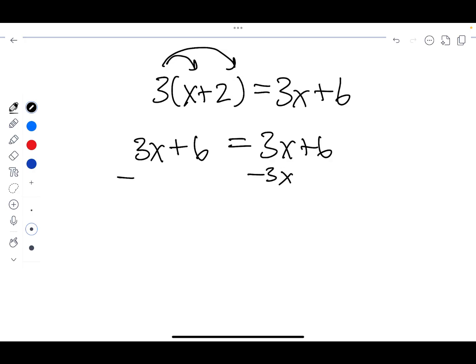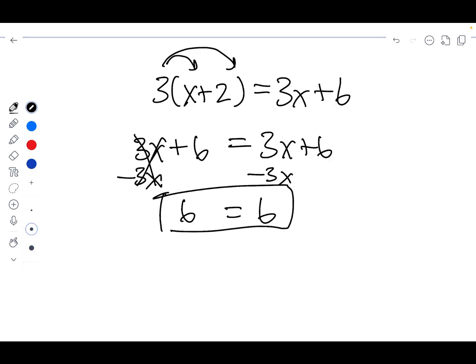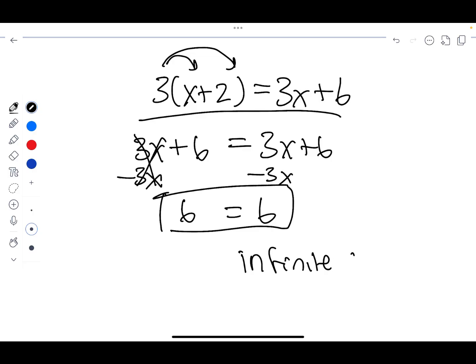Subtract 3x from both sides to cancel out x, and that leaves 6 equals 6, which again is one of our special cases that results in infinite solutions. So the answer to this equation is infinite solutions.